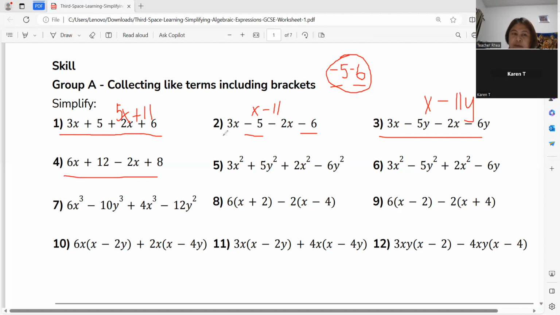Are you sure, Yousif? 4x. Okay, it's 4x because this is negative. So 4x plus 20. Positive or negative? Yes, plus 20.